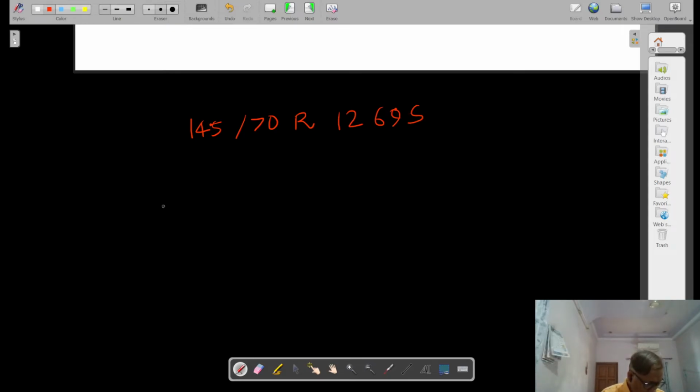The very first one, 145, is the nominal section width.